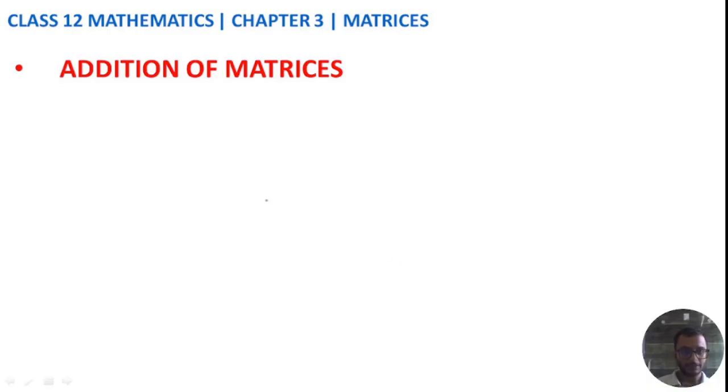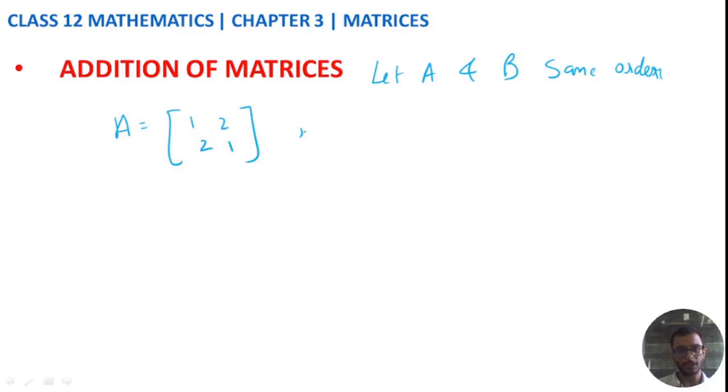Now the next topic is addition of matrices. Again, to talk about addition of matrices, their orders should be the same. Suppose A and B are of the same order. First I will give you one example, by that I will explain, then we will generalize it. Suppose I am taking A as 1 2 2 1 and B as 2 4 4 2.